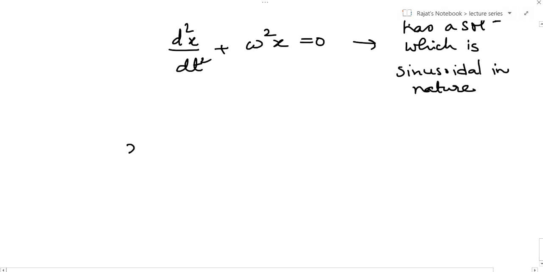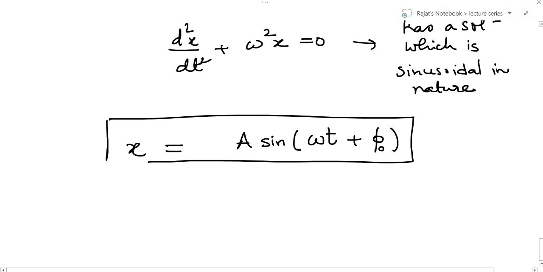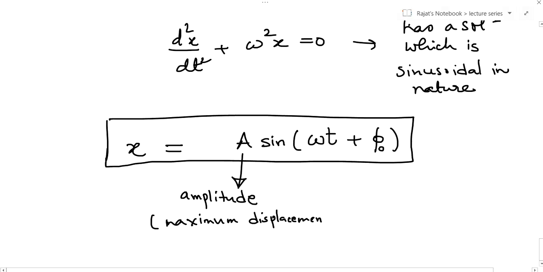So the position varies as a sinusoidal wave. We like to write position as x is equal to a sine omega t plus phi naught. Here a represents amplitude, or maximum displacement from mean position.